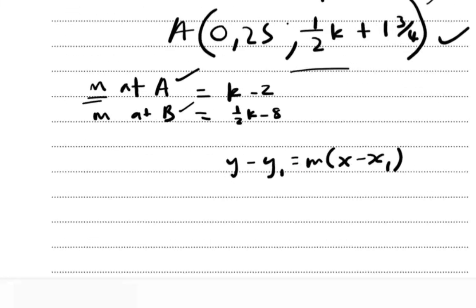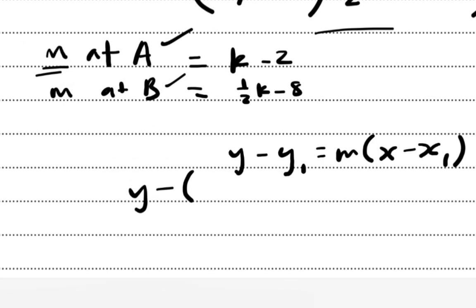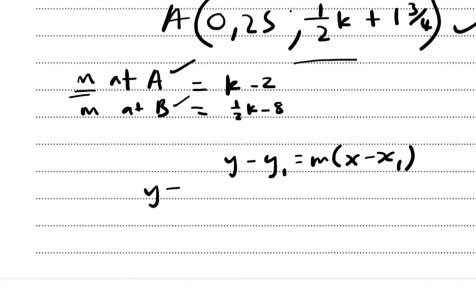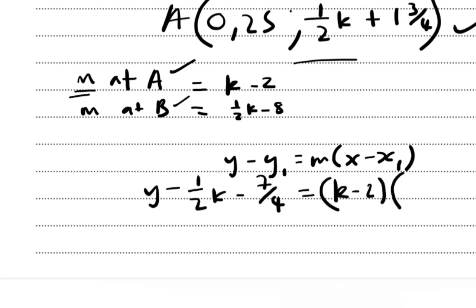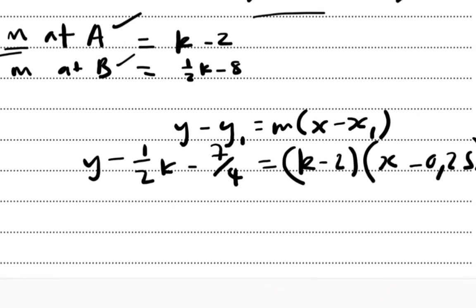So for the tangent at A, we're saying y minus the y coordinate at A, which is half k, so you can just say minus half k, then minus 7 over 4, is equal to m, that's k minus 2. Then it's being multiplied by x minus the 0.25, which is the x coordinate at A, right?